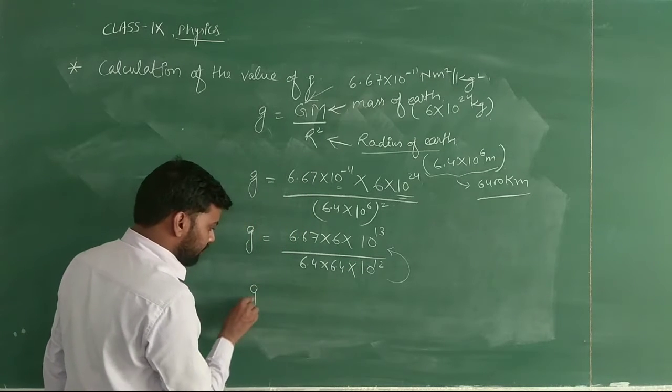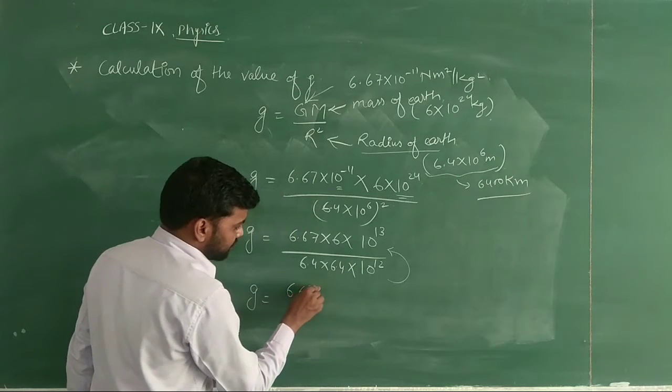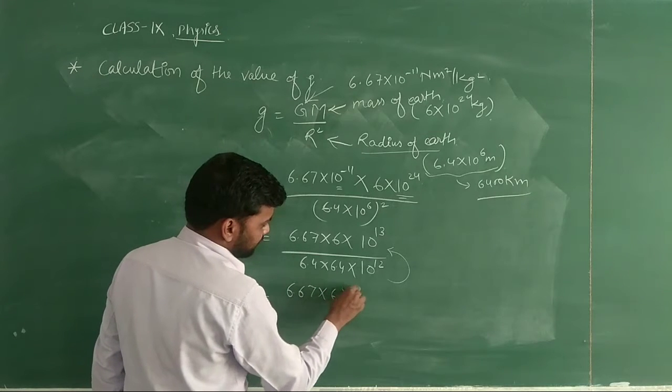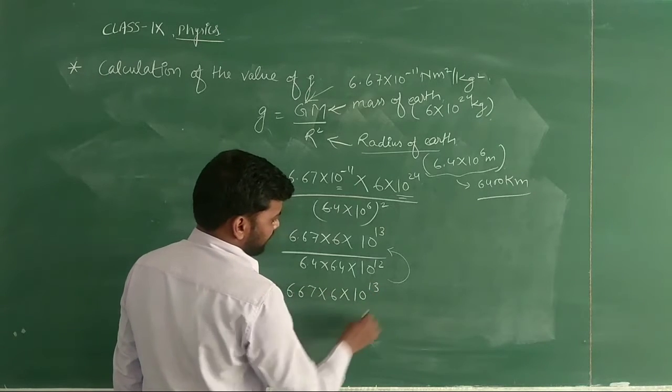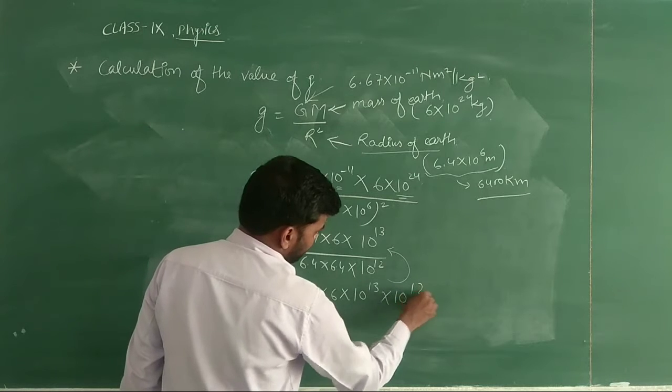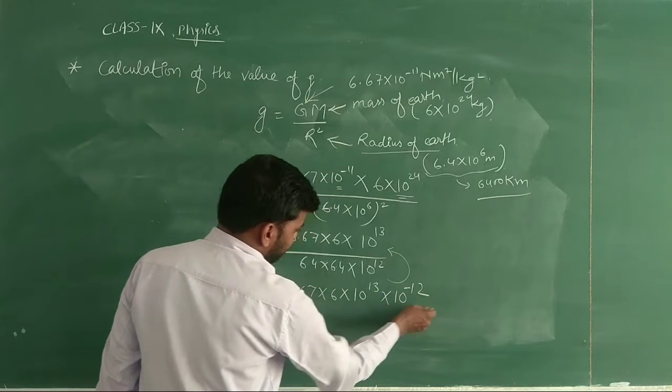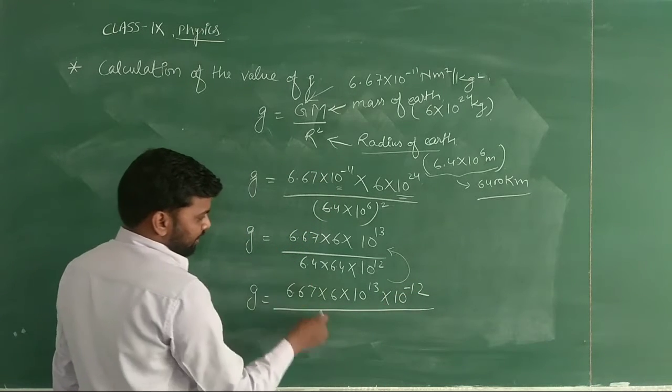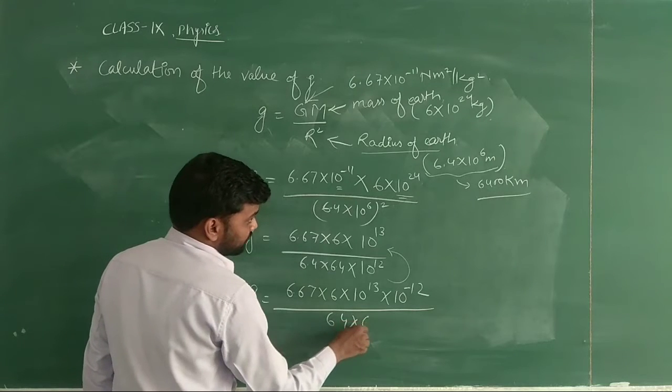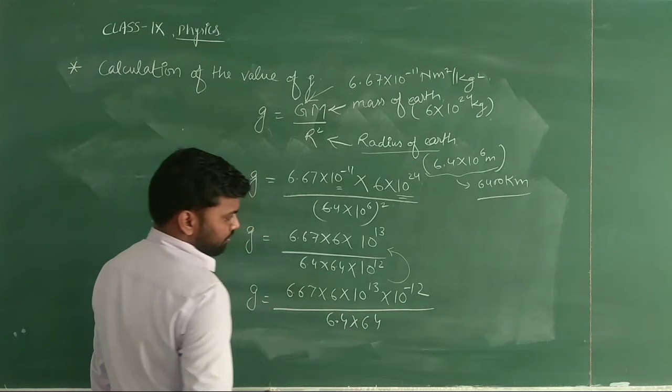Then small g will be equal to 6.67 multiplied by 6 multiplied by 10 to the power 13 multiplied by 10 to the power 12, which will now be negative, upon 6.4 into 6.4.